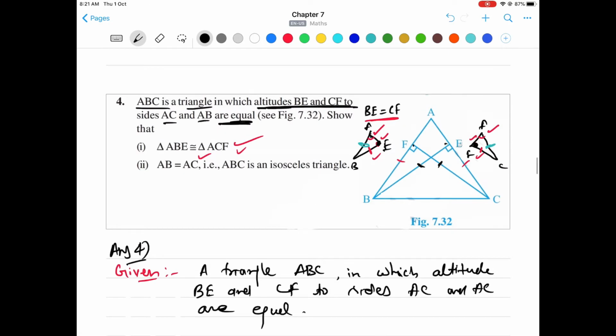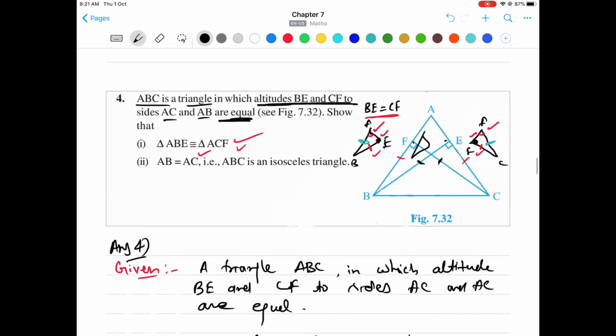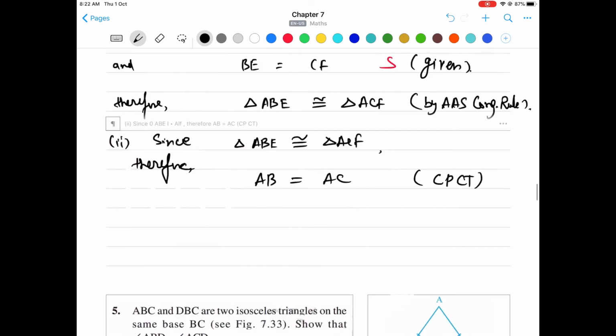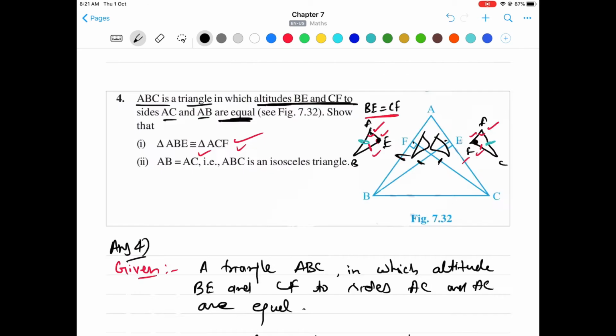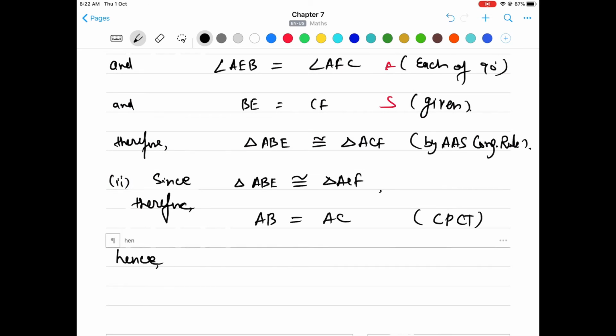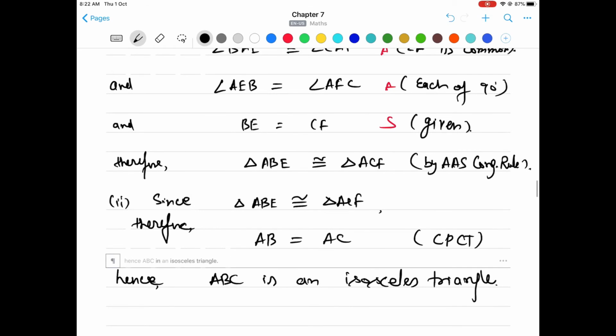If these two triangles are congruent, their corresponding sides will be equal. AB will be equal to AC. Hence ABC is an isosceles triangle, and that's what we were asked to prove in the second part. AB equals AC, and then by default ABC will be an isosceles triangle.